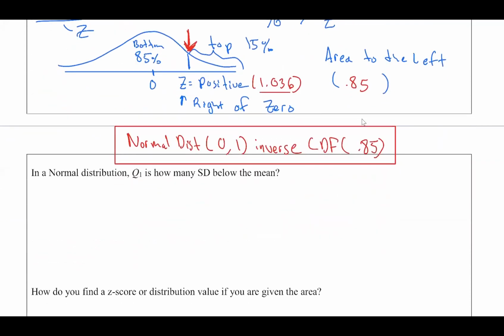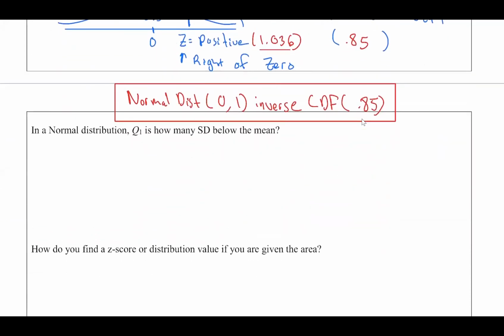All right, so let's do the second problem. It says in a normal distribution, Q1 is how many standard deviations below the mean. For Q1, if you remember, this is a quartile. For this quartile, what percentage was it? Was it 85?